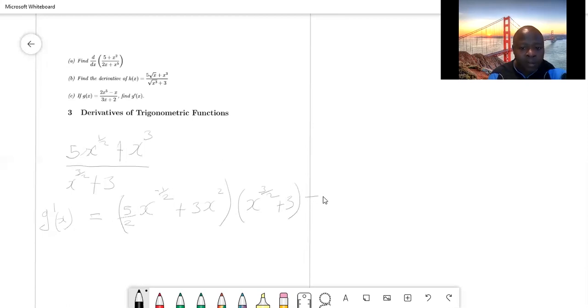This time we differentiate the denominator and get 3 over 2 x raised to a half. When we subtract 1 from this, it's like subtracting 2 over 2. So it would be a half. And these are constants. So multiplied by the numerator, which is 5 x raised to a half plus x raised to 3 over denominator square.